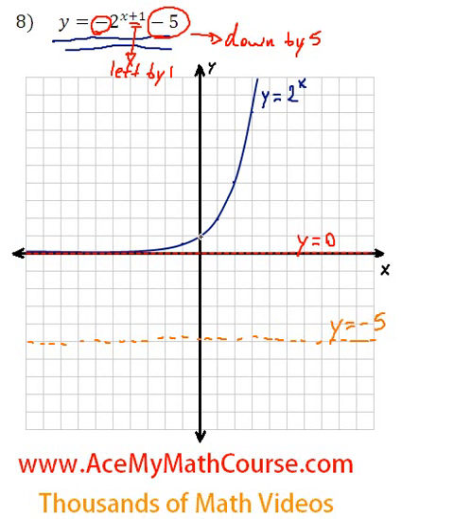Let's take this point, for example, which is (0, 1). Because of this negative, it got reflected down here. Then we're going to shift it to the left by 1 unit and down by 5. Look at that.